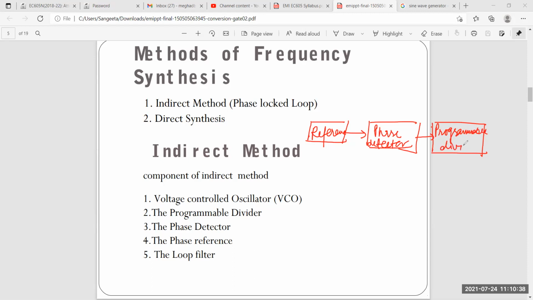Then comes the voltage controlled oscillator, in short form I'm writing VCO. And here is the output, we are getting the output here. And the loop filter is connected between the VCO and the phase detector. So it will be connected like this. This is my loop filter.